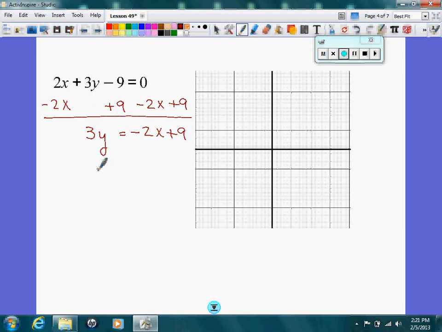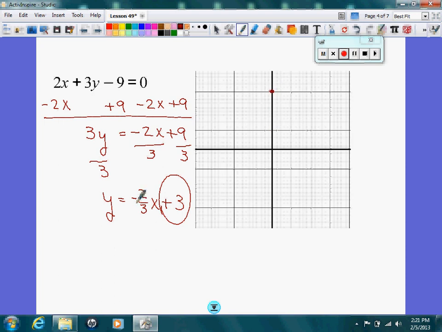And now what do we do? We divide both sides by 3. We divide this term by 3 and this term by 3. So y is equal to minus 2/3 x plus 3. What is our y-intercept? Where does our graph cross the y-axis? It crosses the y-axis at plus 3. So we locate a point there. There's 1, 2, 3, right there.